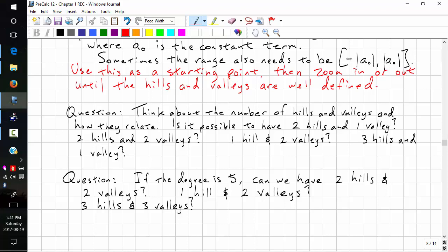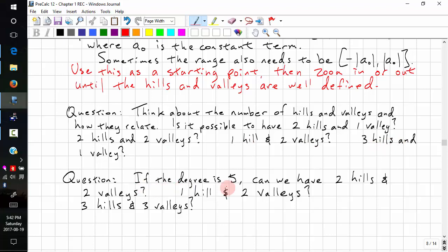And here's a few questions to think about when you're examining the polynomials. Think about the number of hills and valleys and how they relate. Is it possible to have 2 hills and 1 valley? 2 hills and 2 valleys? 1 hill and 2 valleys? 3 hills and 1 valley?